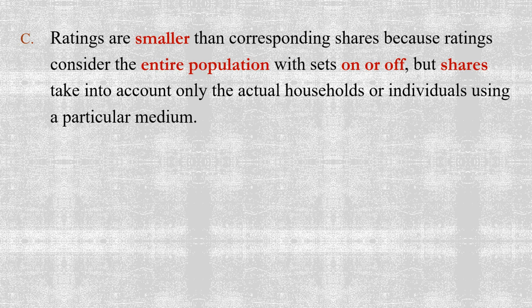So, you could say, for example, that 10% of the population are fans of the Pittsburgh Steelers. That would mean 1 in 10 people in the United States were fans of that particular football team. But that would be the rating number. But if we were talking about shares, we would say that 20% of people that actually like football are fans of the Pittsburgh Steelers.